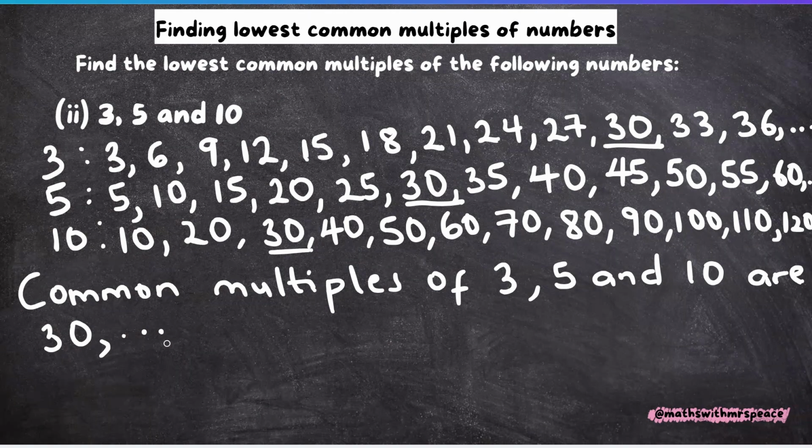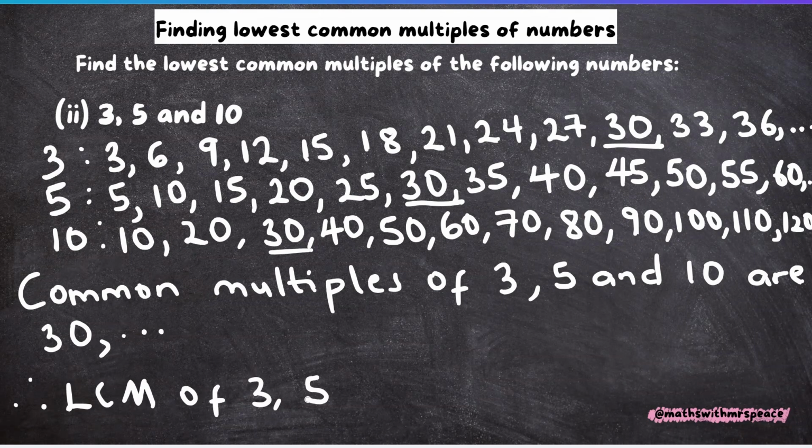We know there are more, even though it's not displayed on the screen. And I'm going to say, so therefore, the LCM of 3, 5, and 10 is 30. Since 30 is the first common multiple of the three, it is obviously going to be the lowest common multiple as well, and so we will just take that.